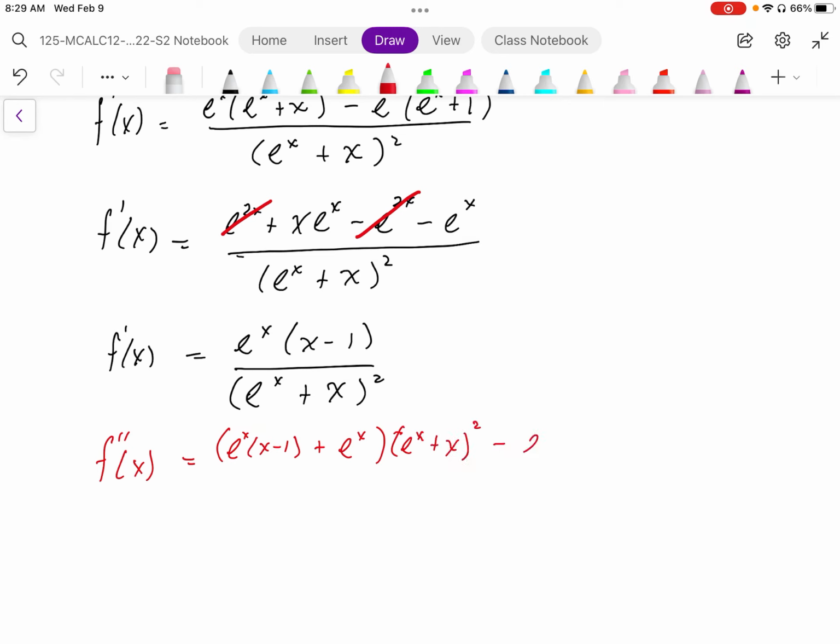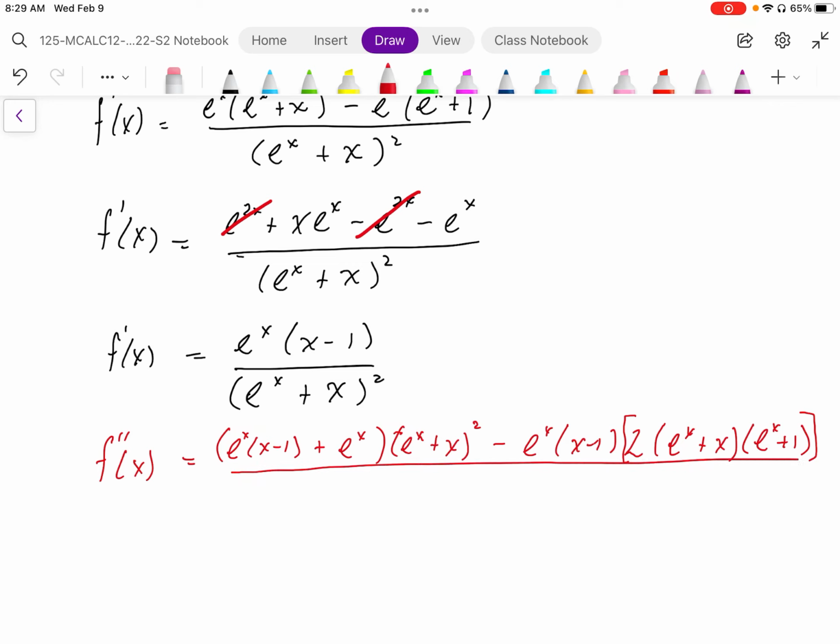Okay, the quotient rule means I don't differentiate the numerator, but I differentiate the denominator, which is an embedded function. So I have to first differentiate the squared function, and then I differentiate the inside to get e to the x plus 1. So applying chain rule here. Okay, so this portion is a chain rule of differentiating the denominator.